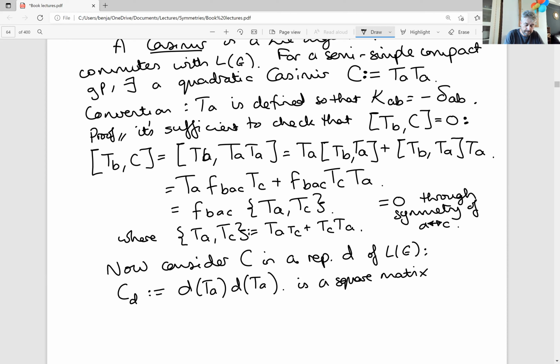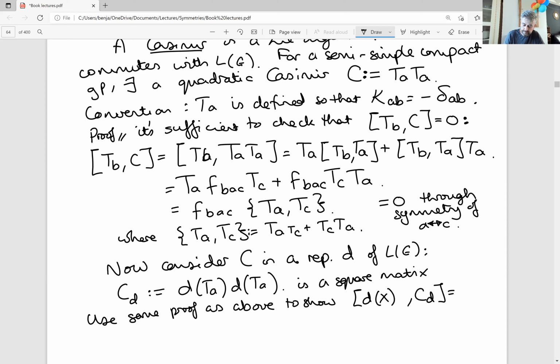And we can use essentially the same proof as above to show that d of x acting on C_D, the commutator Lie bracket with C_D, is 0 for all x in the Lie group.